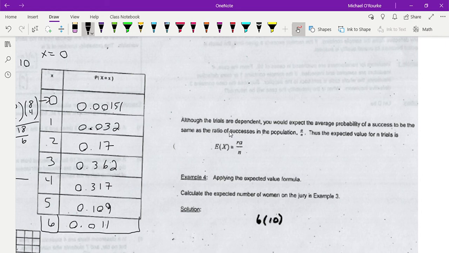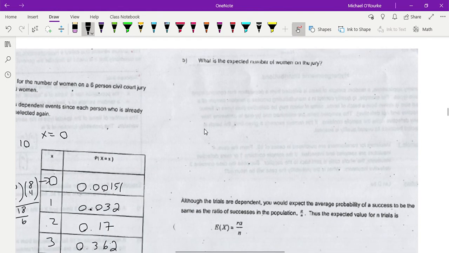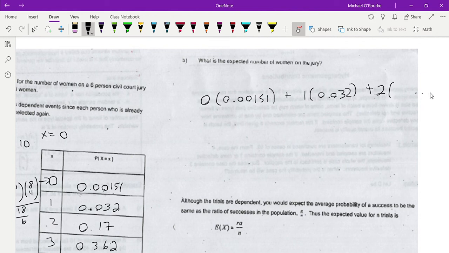Okay. Instead of going through the expected value using the old formula, we would go 0 times 0.00151 plus 1 times 0.032 plus 2 times... There's an easier way to get expected value using this formula.